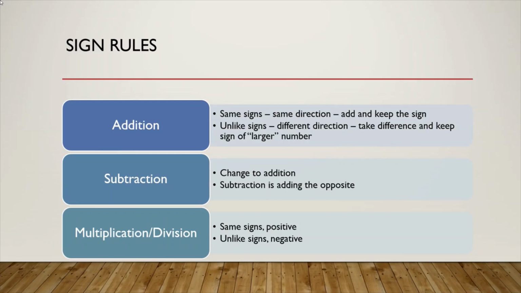If the signs are the same, you get a positive result. So if it's negative times a negative, or negative divided by a negative, it would be positive. If the signs are different, then it's going to be negative. So if they're unlike signs, one is positive, the other one's negative, then the result is negative.